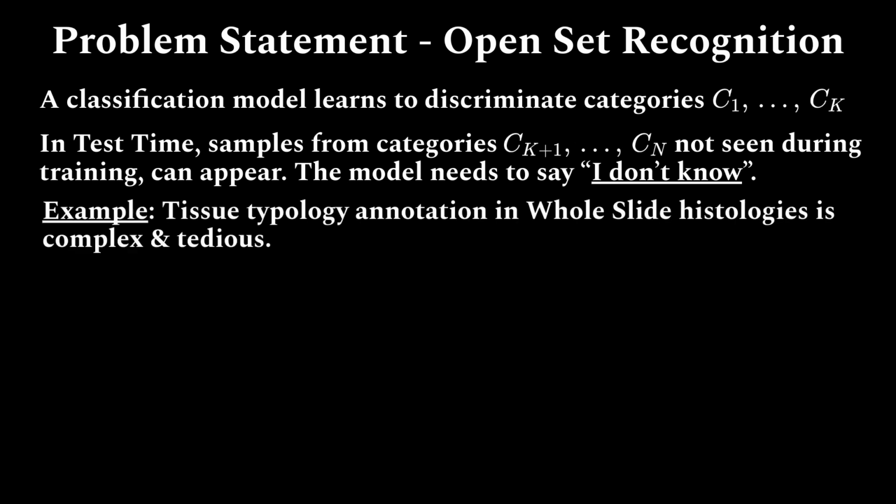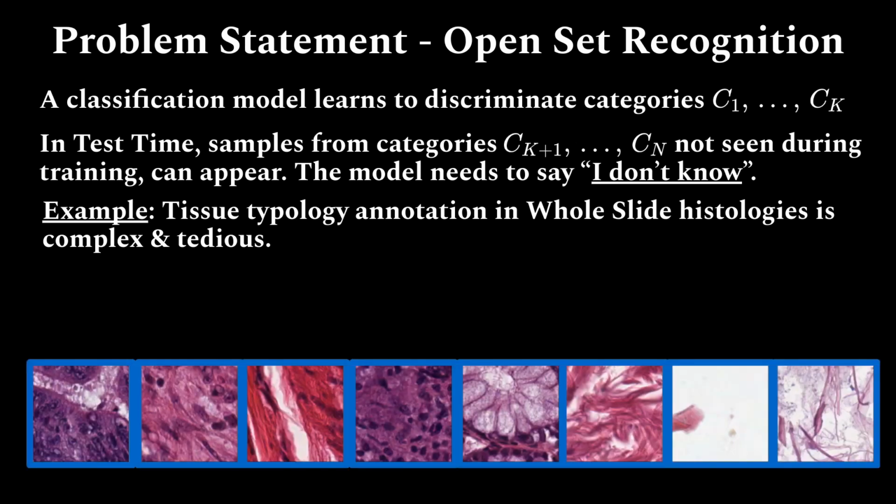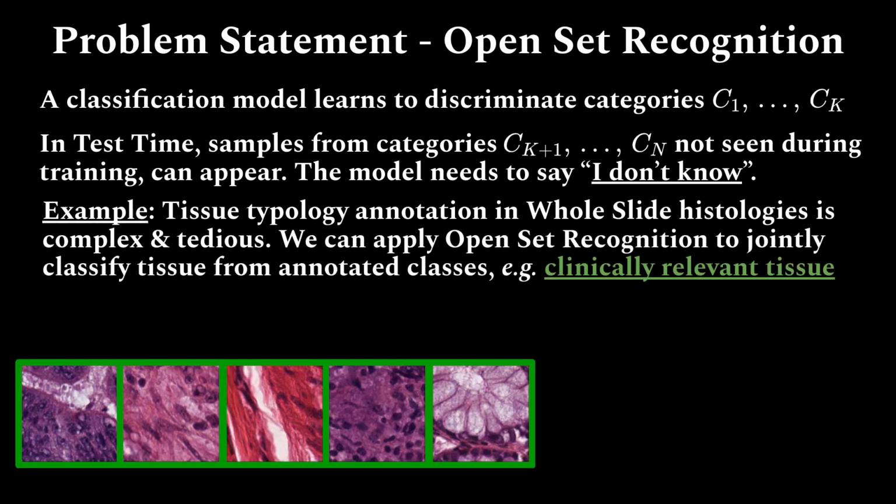Well, we'll see. Just to see it better, an example would be you have one of those very large histology whole slide images, and you want to classify each little patch on it, okay? But this is a very complex task, so you would like to maybe focus on part of the categories in the slide that are of interest for you, and then you call the rest background, and you do not even bother labeling them.